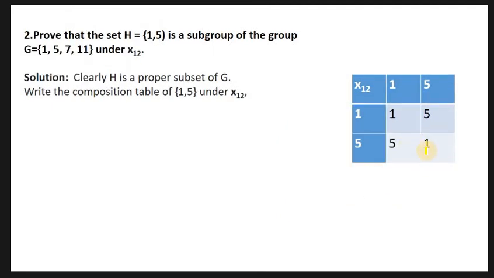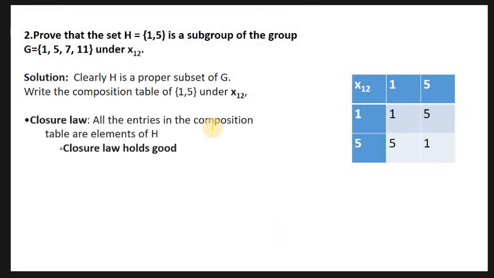See, now the multiplication mod 12 of H is equal to 1, 5 elements composition table. All the elements of the composition table are also the elements of H. Therefore, closure law holds good. See, in order to show that H is a subgroup, first we have to prove that H itself is a group.